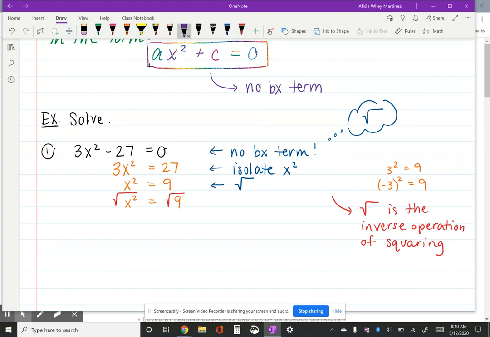So what we have to do is not only square root, but we need to square root both sides. And it's not square rooting individual terms, it's square rooting a whole entire side. Now if I square root x squared, I just get x. And if I square root 9, I get 3.